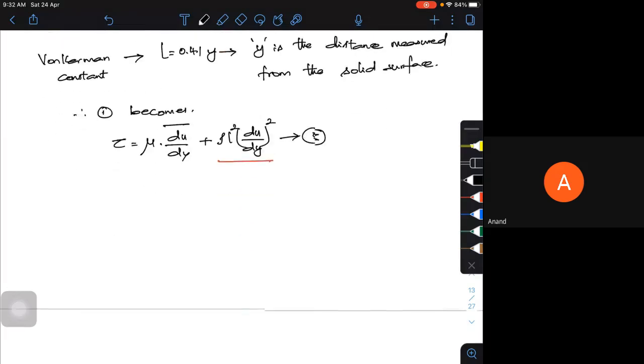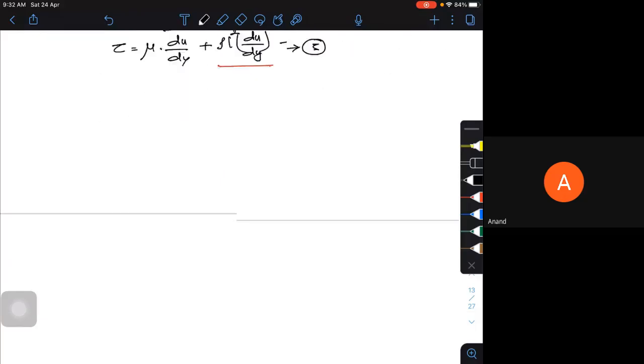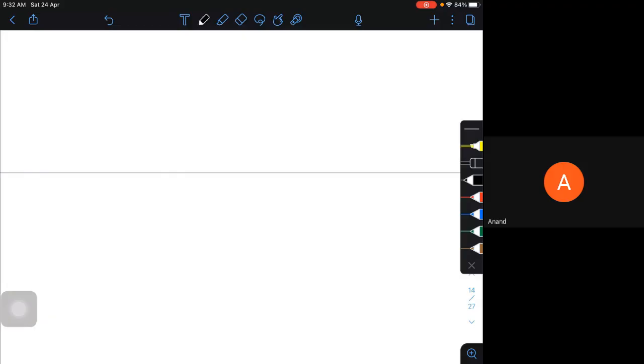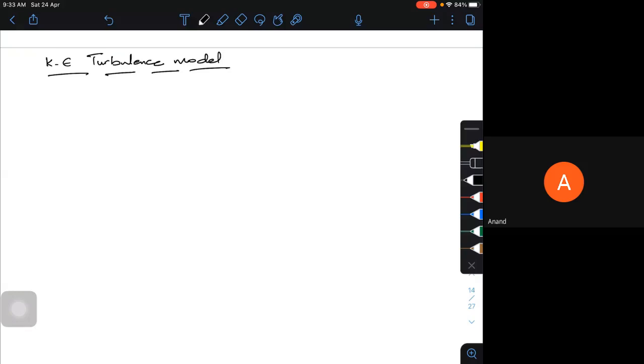You take any of the Prandtl's mixing length model and try to go to that equation and try to understand this. So if I take the k epsilon turbulence model, I am just going to take the equation and try to do it.